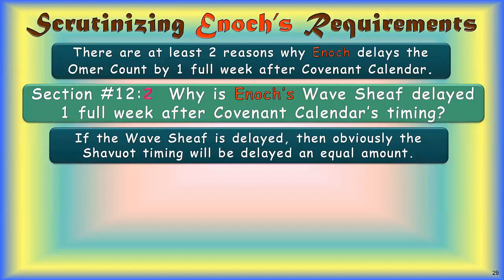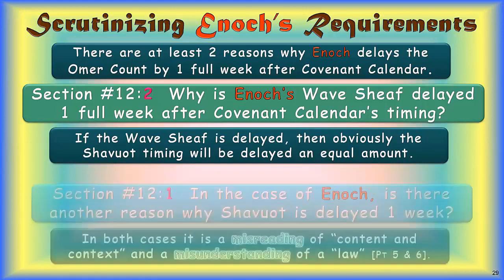So we're going to be seeing section 12.2 first, and after that, section 12.1. Section 12.2, why is Enoch's wave sheaf delayed 1 full week after covenant calendar's timing? Why? What is the reason? How can we determine the reason for this? If the wave sheaf is delayed, then obviously the Shavuot timing will be delayed an equal amount.